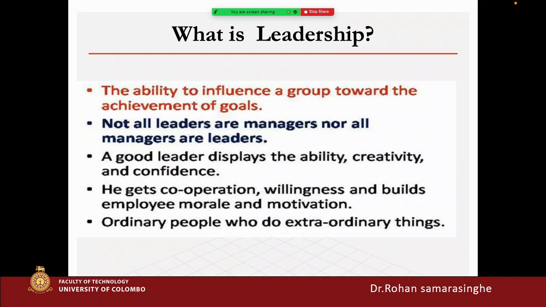Good leaders display the ability, creativity and confidence in the work they are going to do. Also, he gets cooperation, willingness and builds employee morale and motivation. So always build the employees' morale. That is also very, very important. And ordinary people who do extraordinary things.